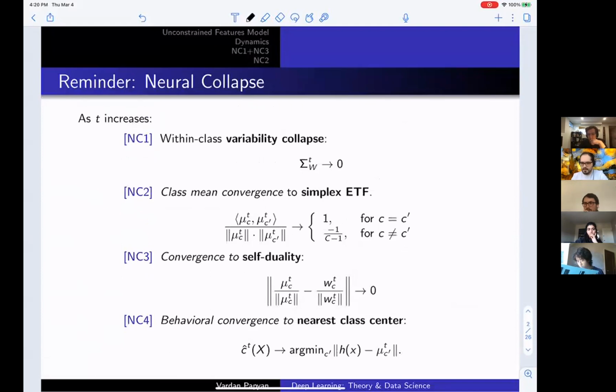Do you mean to which geometry the features converge, or do you mean something else? I'm not sure what you mean. It might just be a semantic thing, but the new paper says unconstrained features. Yes. Right. So I was wondering what the constraint was before. Oh, I'll explain that in a minute.